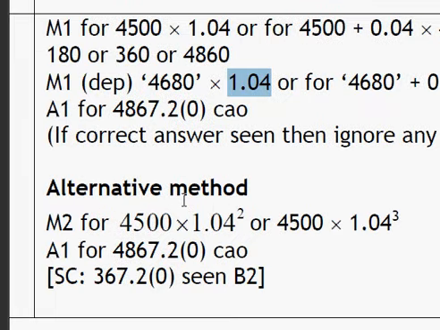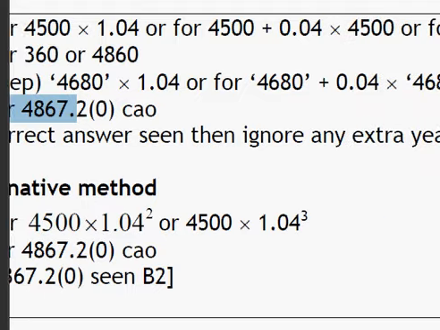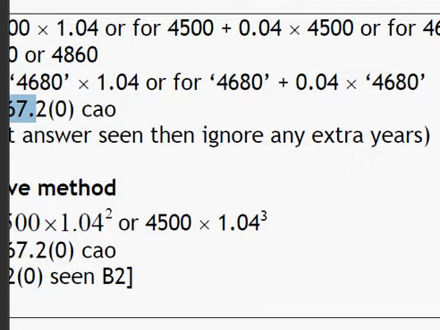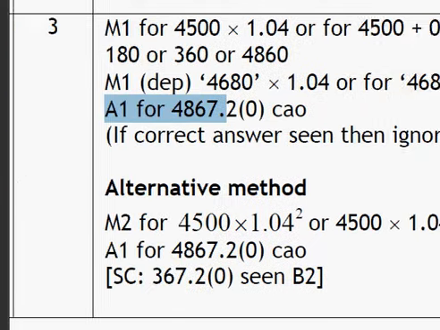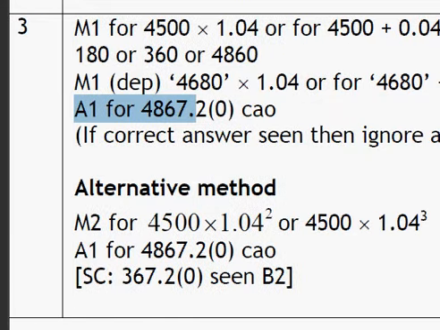Give yourself full marks if you wrote down 4,867.2. If the correct answer is seen, then ignore any extra years. If you wrote down any extra years but the correct answer is there somewhere, you would get full marks for that. And there's an alternative method down here as well.